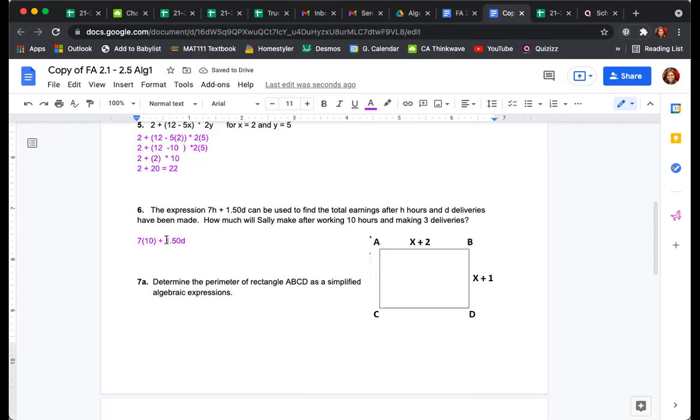And instead of saying 1.50 or 1.5d for deliveries, Sally made 3 deliveries. So I'm going to say parentheses 3 instead of just leaving that as the plain old variable. And then from there, all you have to do is type it straight into your calculator or multiply by hand on paper to get your answer.